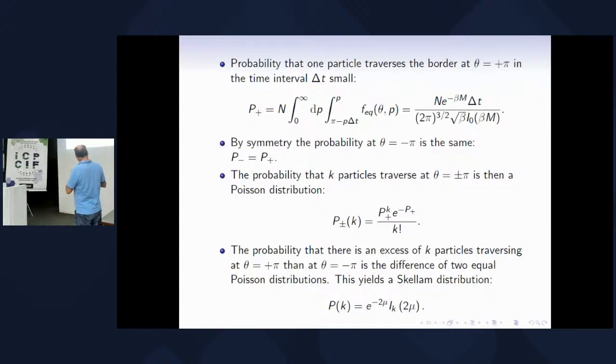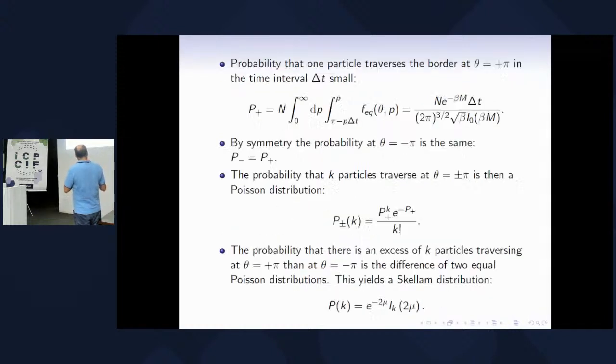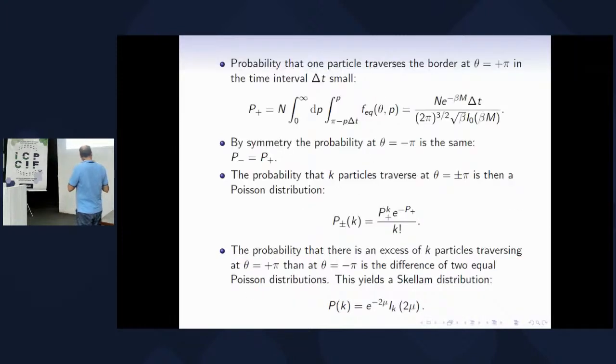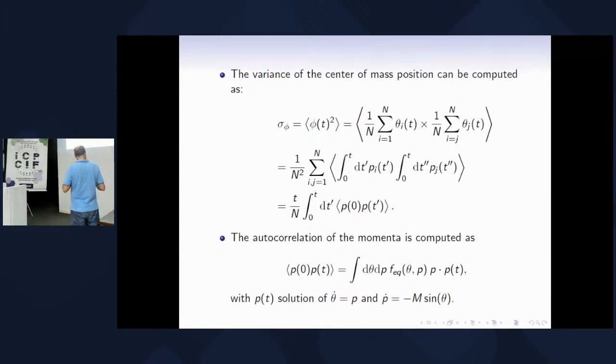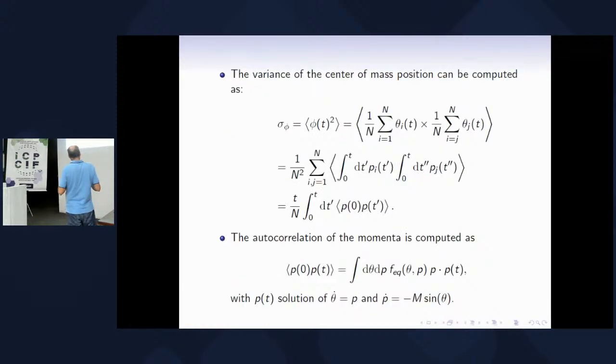It depends on one parameter, mu, which depends on the parameter of the Poisson distribution, which is not here, but anyway, it is given in terms of a Bessel function with index k again. And we can compute in this way.